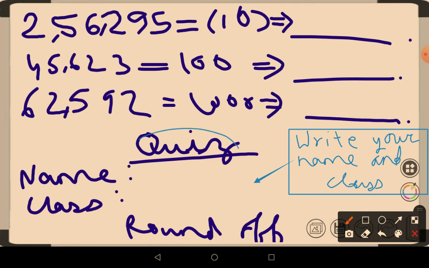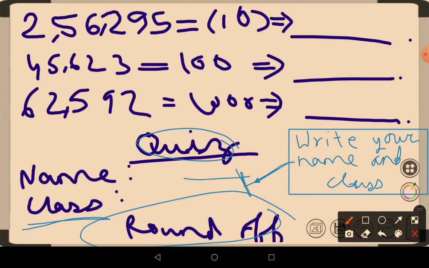The subject is rounding off, where the arrow mark is. Can you see it? Over here you have to write everything. Parents may stop the video to write the answer. Please pause it and show them.